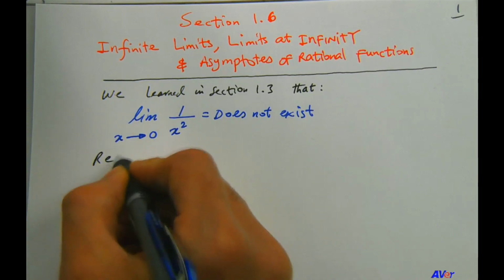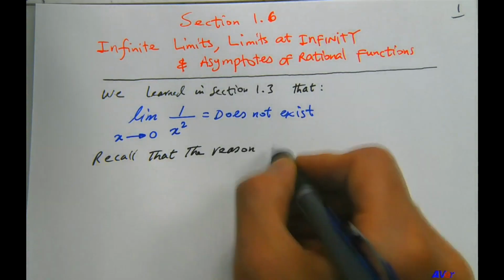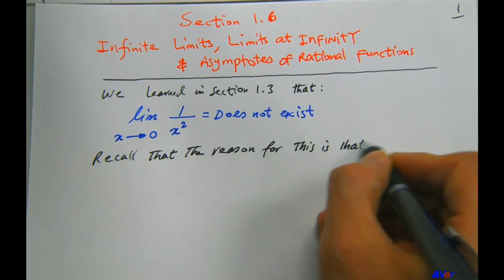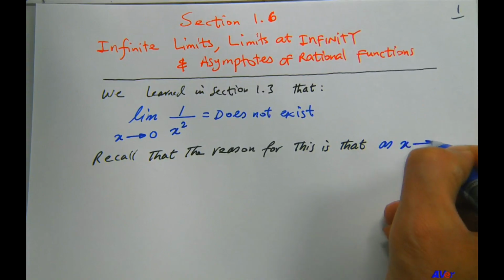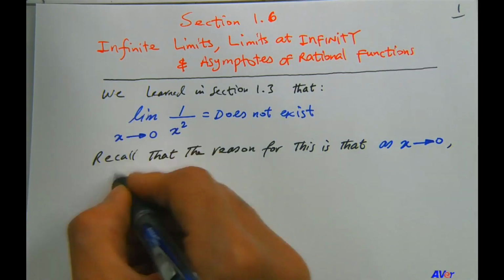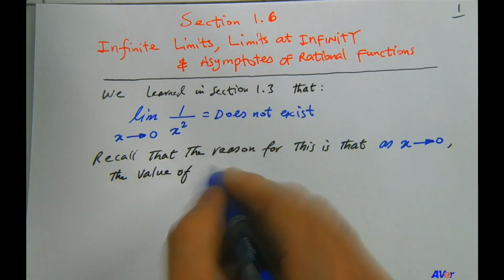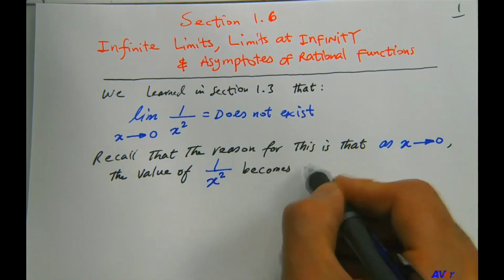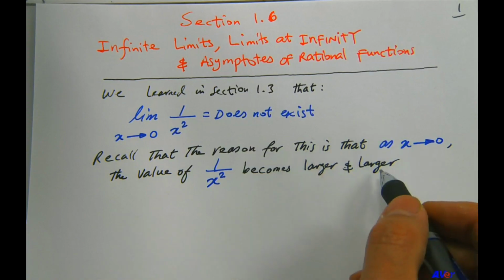The reason is that as x approaches 0, the value of 1 over x squared becomes larger and larger, but not only that, it grows larger and larger without any bound.